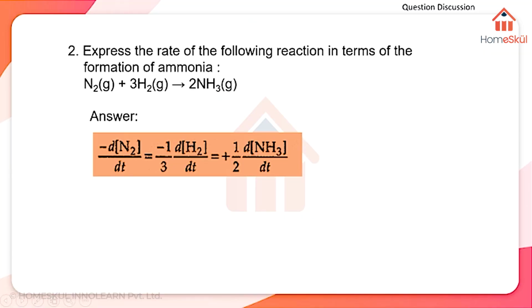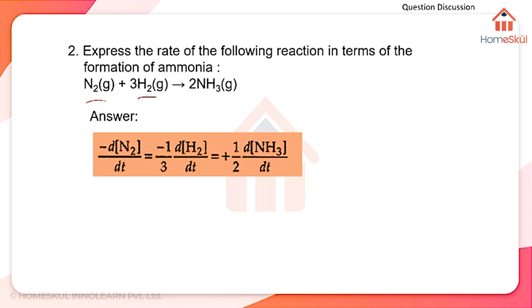Okay, let us move on to the next question. Express the rate of the following reaction in terms of the formation of ammonia. We are given the equation N2 + 3H2 → 2NH3 and asked to express the rate. It's a very simple question. The rate of reaction can be expressed as either the decrease in the concentration of reactant or the increase in the concentration of product. Here we have nitrogen and hydrogen as the reactants.